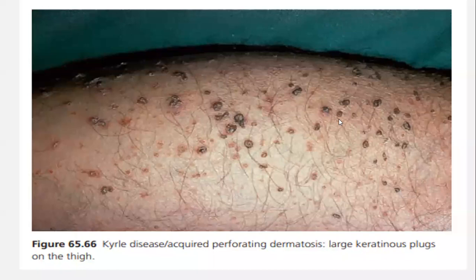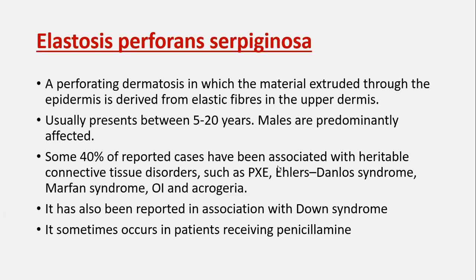You can see these keratotic papules. These are follicular papules, rather smaller with a big keratinous plug. So morphology is a little different from acquired perforating dermatosis.